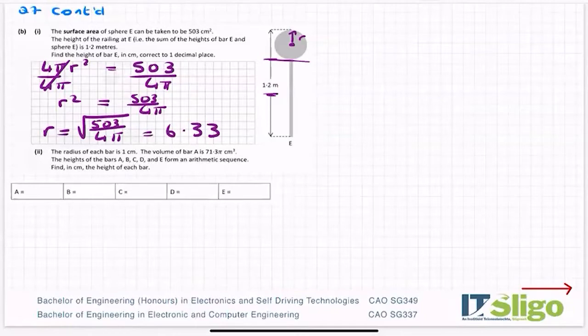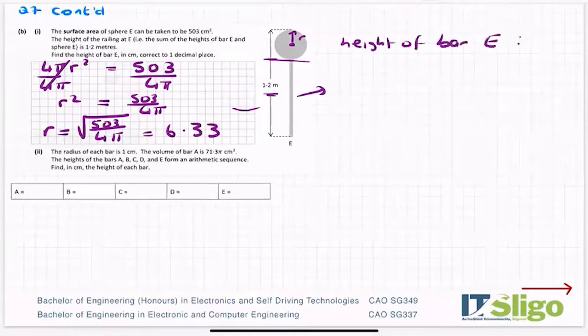Okay, so therefore, the length of that bar, the height of the bar, is that 1.2 meters minus my radius, of course, is in centimeters. So let's convert 1.2 meters to centimeters.